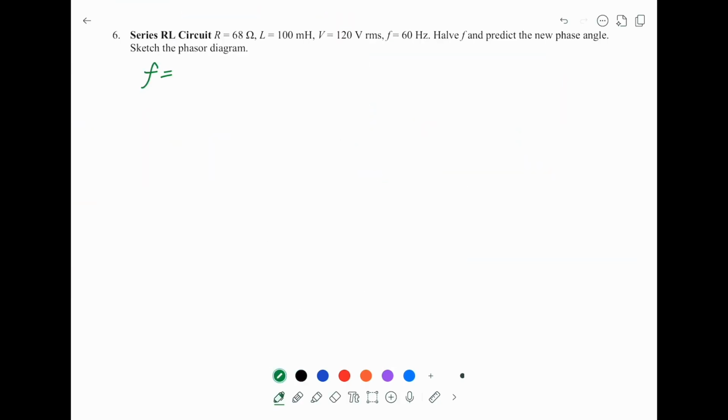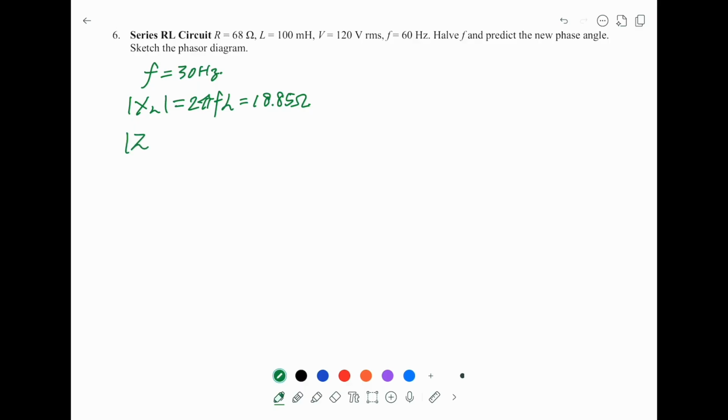This question follows number 5. In this case, if the frequency now is half, it means it becomes 30 Hertz. What will happen? So first, the inductive reactance XL, its amplitude 2 pi FL, will become half, 18.85 ohms.